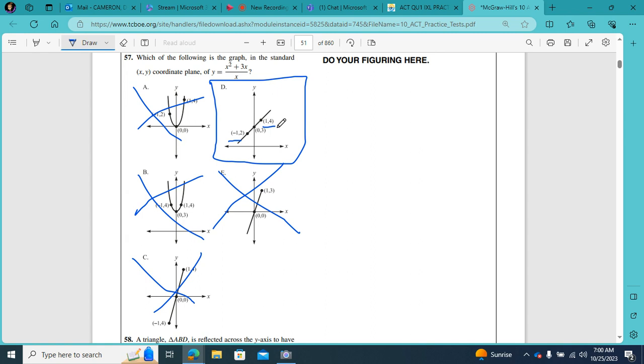If you had to solve this by hand without a graphing calculator, it would have been pretty easy to do as well. You would have just had y equals x squared plus 3x.